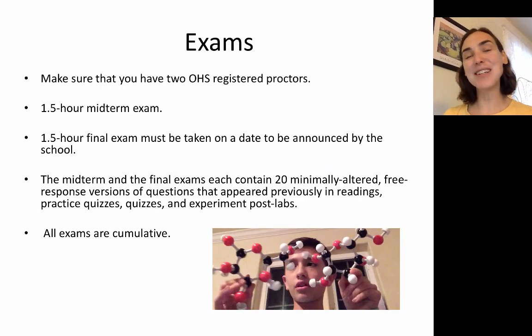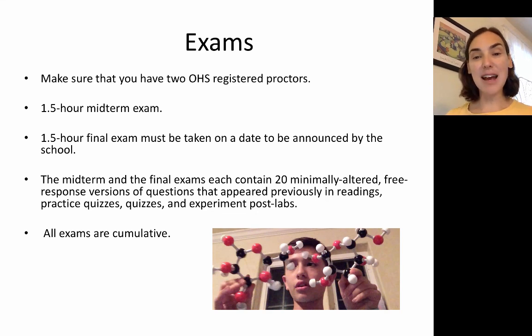There are 2 exams for this course in the fall, a 1.5-hour midterm exam, which is already on your Canvas calendar, and please make note of those dates and have your registered proctor ready to proctor you for that 1.5-hour midterm exam. The final will be announced by the school later in the fall, and you should have a proctor ready for that as well.